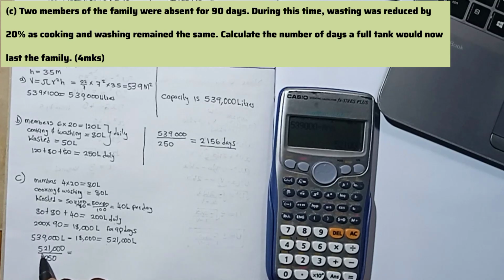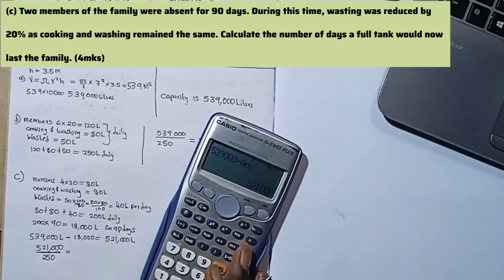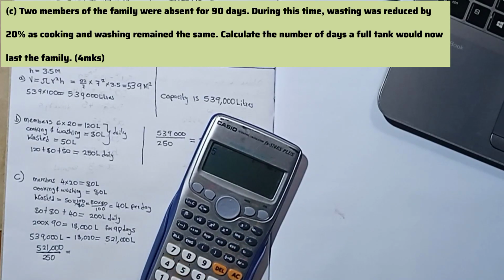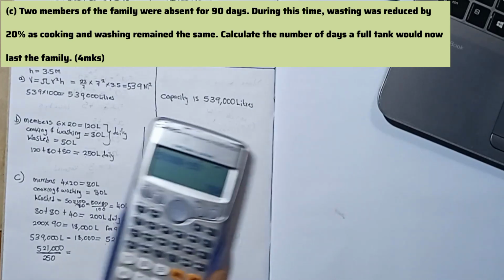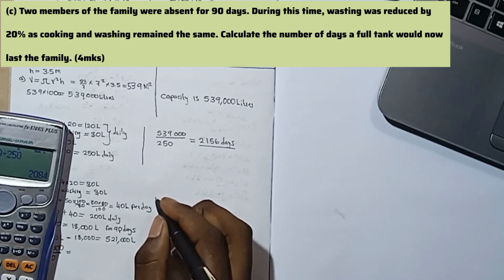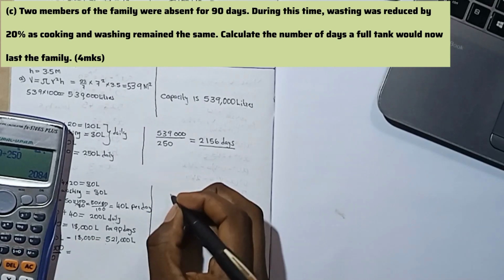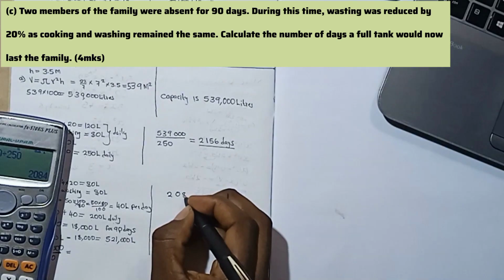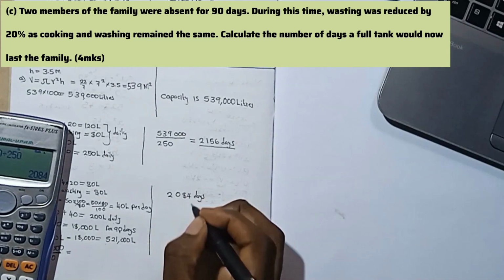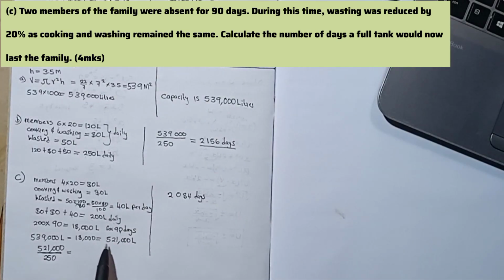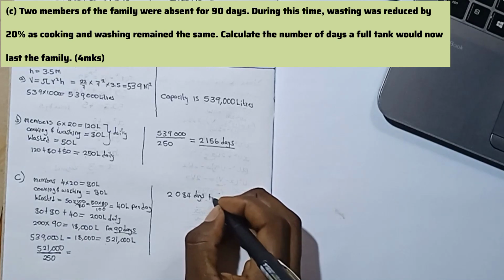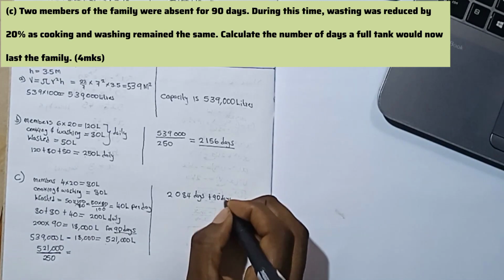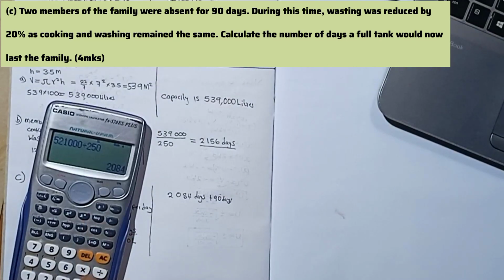So 521,000 divided by 250 is equal to 2084 days. Plus the initial number of days that the 2 members were absent, we add the 90 days.